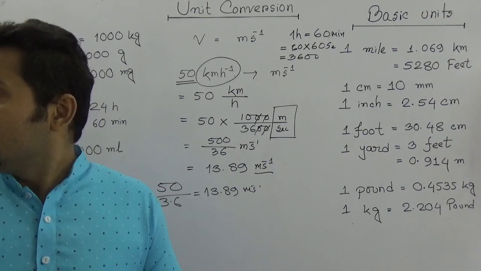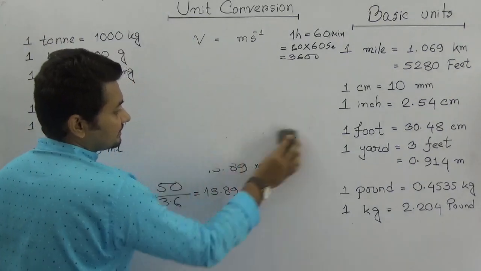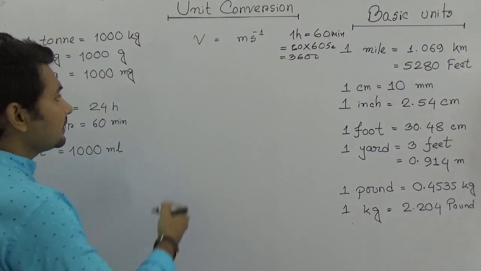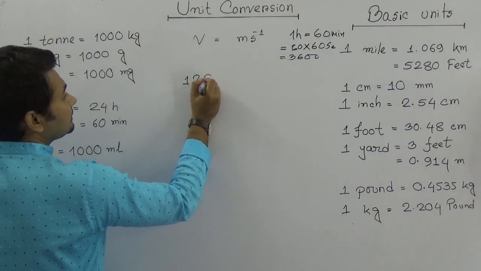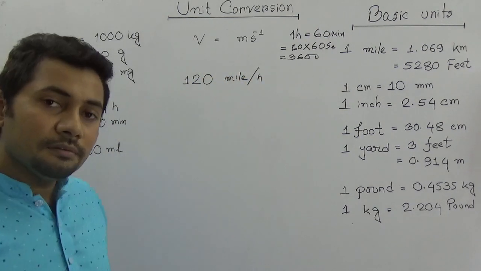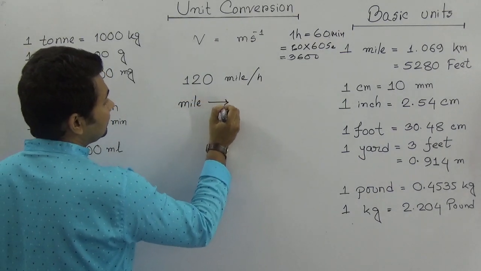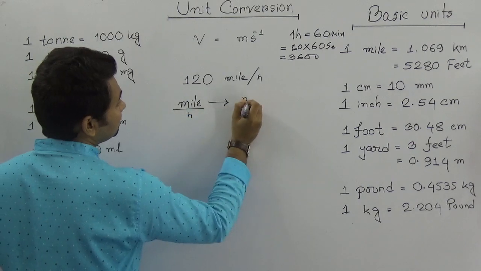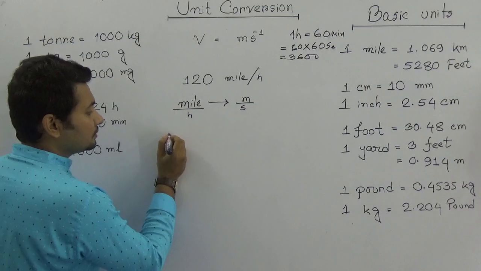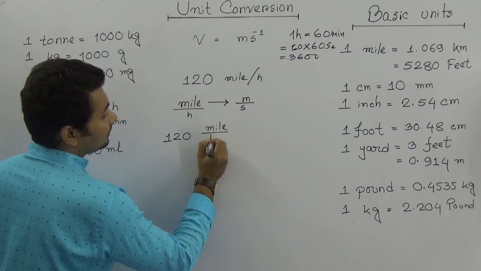Very simple. Even if somebody says that a car is moving 120 mile per hour, now from mile per hour to meter per second, how will we do it? 120 mile per hour.